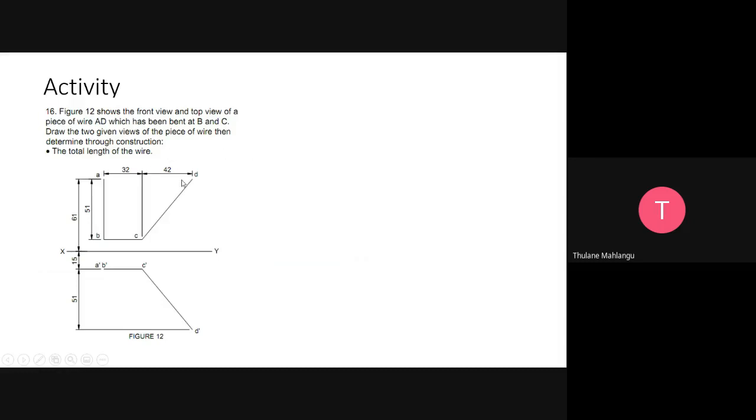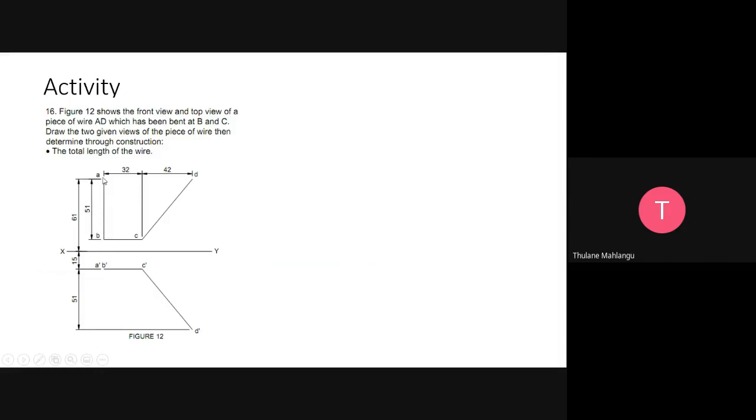In this case, they want the total length of the wire. So you have to look at the dimensions and the wire, if it has the true length or not.